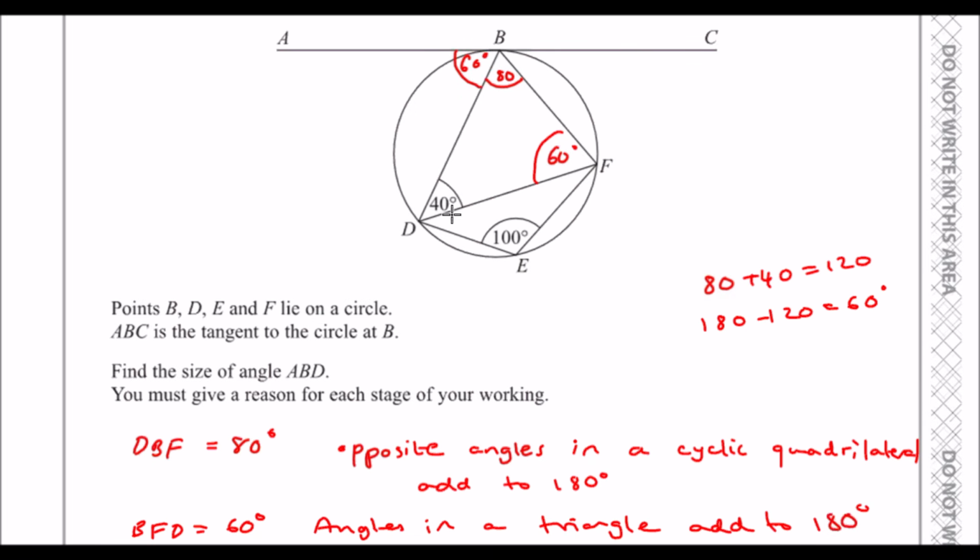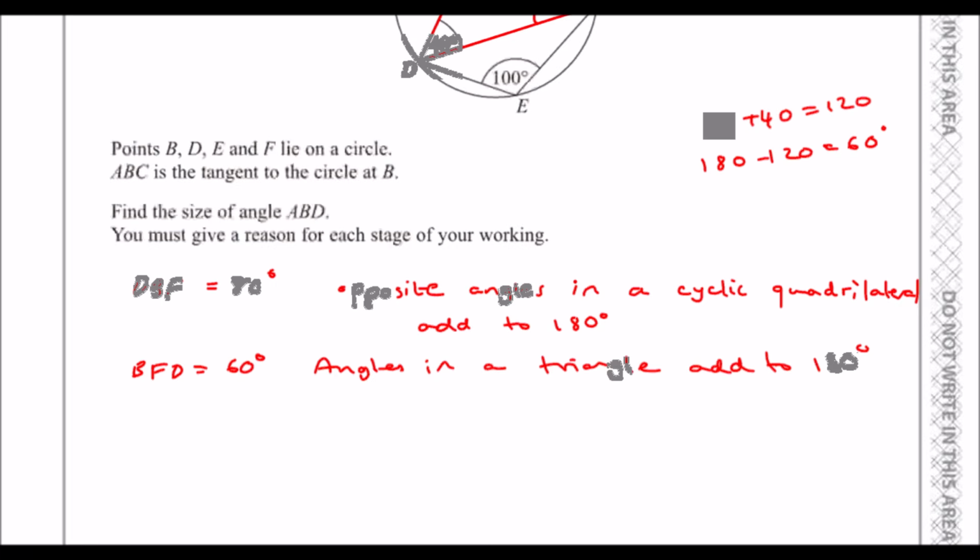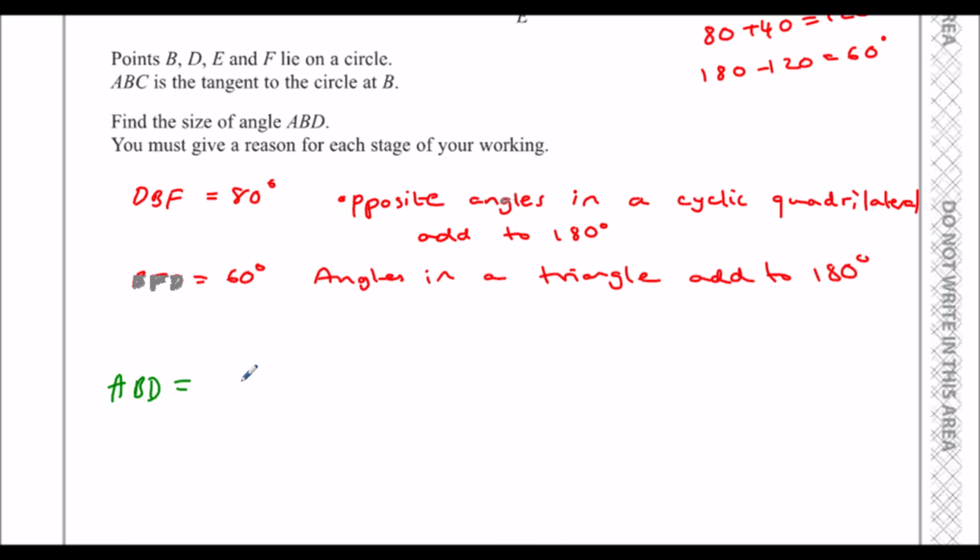So when we have a triangle in a circle, the angle that the tangent makes with this chord is equal to any angle that comes off of that chord. So this is 60, so any angle that comes off of B and D in this direction will also be 60 degrees. It's called the alternate segment theorem. So ABD is 60 degrees because of the alternate segment theorem.